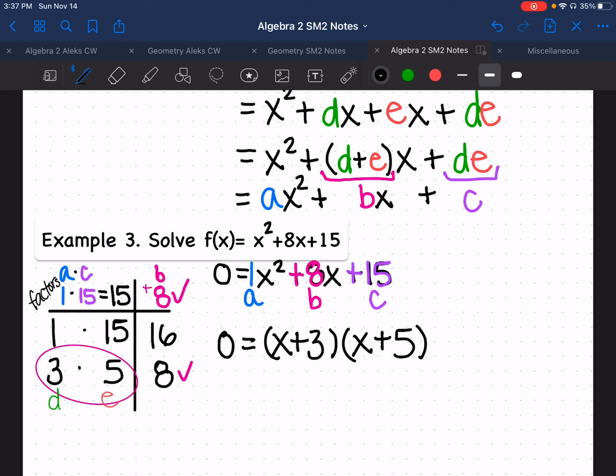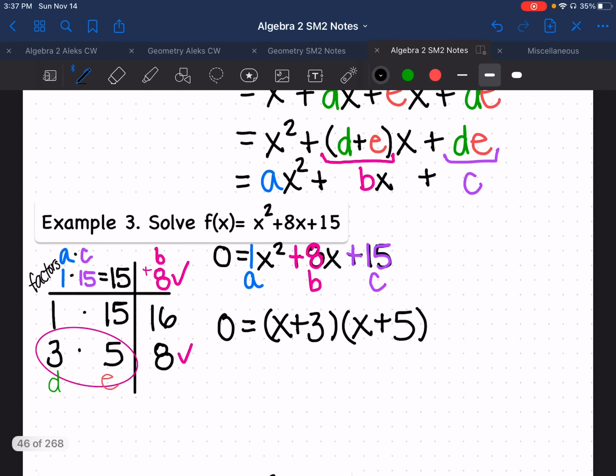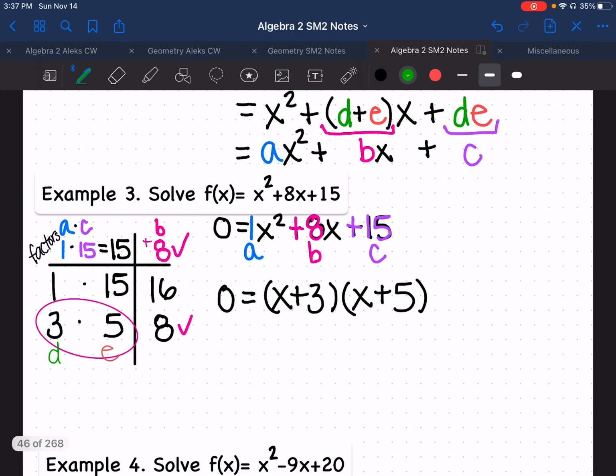Now what I can go ahead and do is I can apply my zero product property to solve this quadratic. So this would be my A term, and this would be my B term. And I'm just going to go ahead and say x plus 3 equals 0, or x plus 5 equals 0.